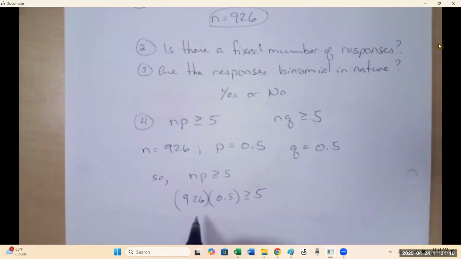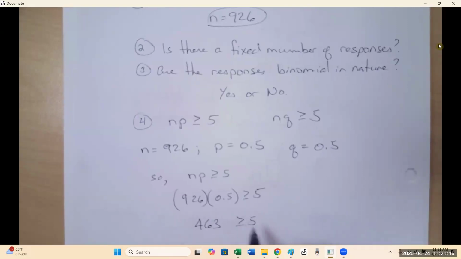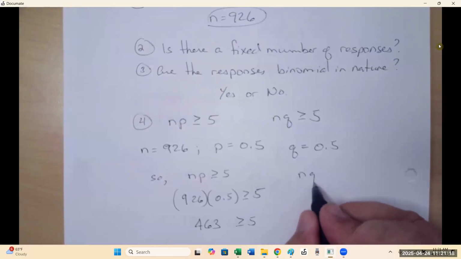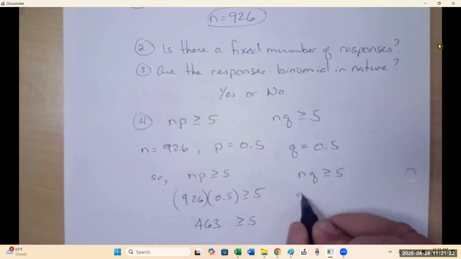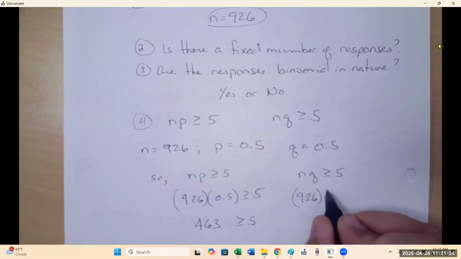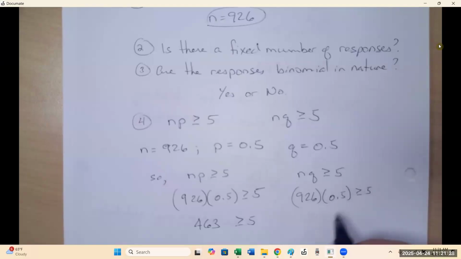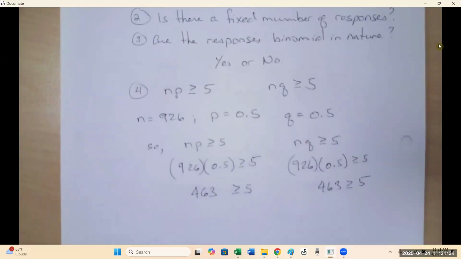Half of 926 is 463, and that's bigger than 5. Same thing with the q factor: 926 times 0.5, is that bigger than 5? 463 is bigger than 5. So yes, those both work.